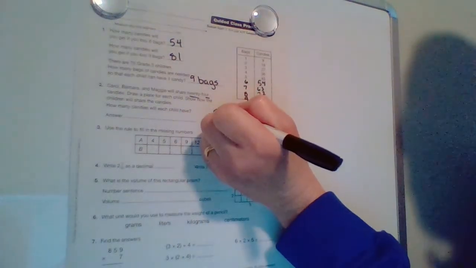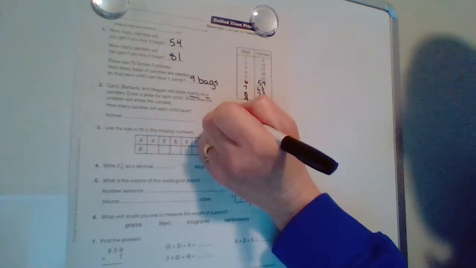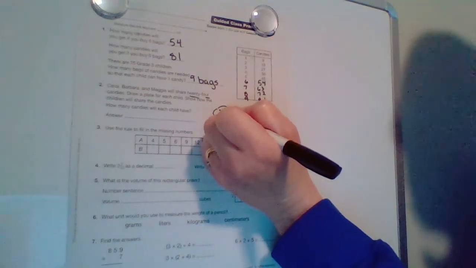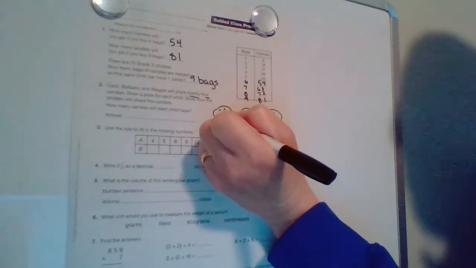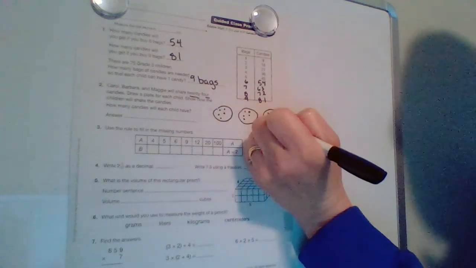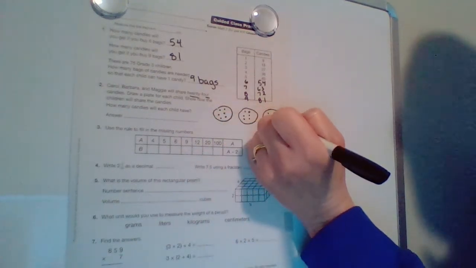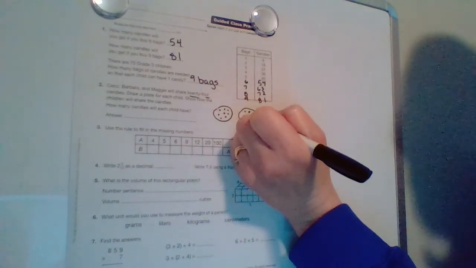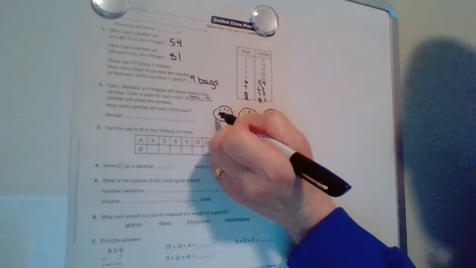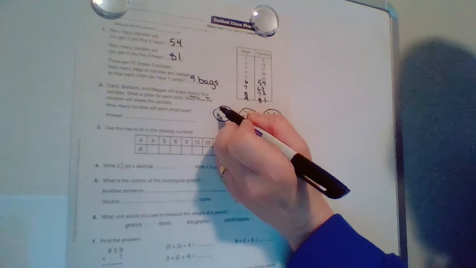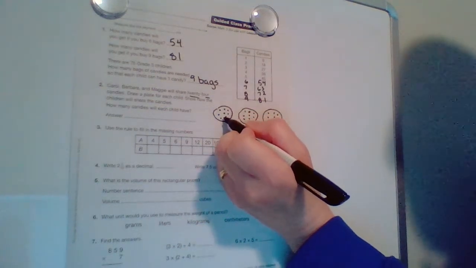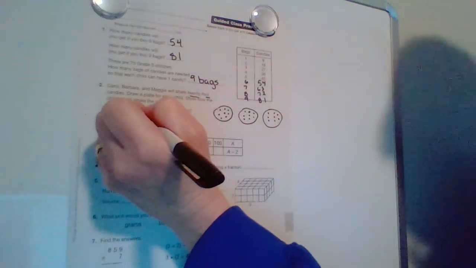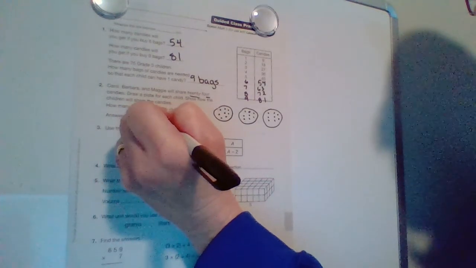Okay, so let's go ahead. 1, 2, 3, 4, 5, 6, 7, 8, 9, 10, 11, 12, 13, 14, 15, 16, 17, 18, 19, 20, 21, 22, 23, 24. Okay, now you have to look at all of the candies inside. So there's 1, 2, 3, 4, 5, 6, 7, 8. All right, so we know that each child will get 8 candies.